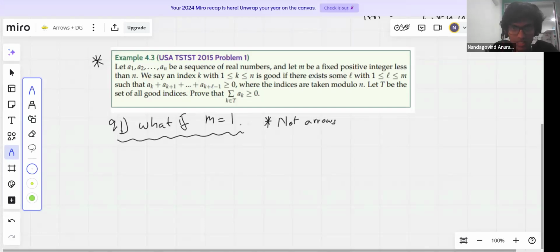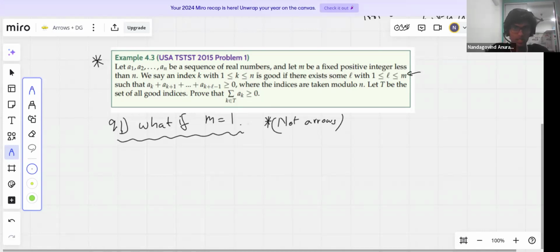This question one doesn't use graphs. It's honestly just to see if you have understood the problem. This is generally something I would recommend for this type of problem, where you have some parameter that is variable. For example, m here is a variable parameter.